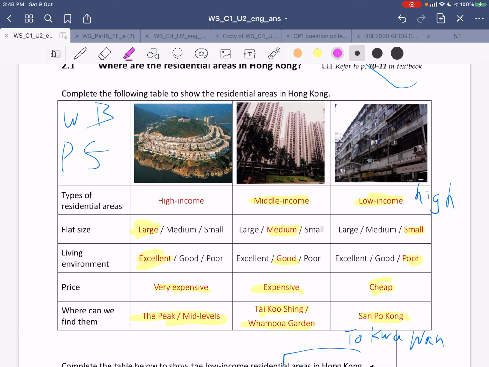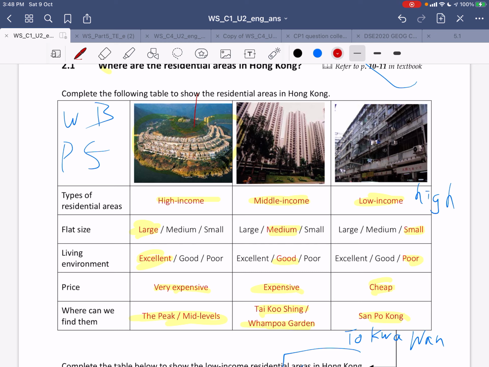First of all, you can see the high income residential, which is mainly like this one, and you can find the space is very large, and also the living environment is excellent. Maybe there's a private swimming pool, private car park, and so on and so forth. The price will be very expensive for this kind of building.